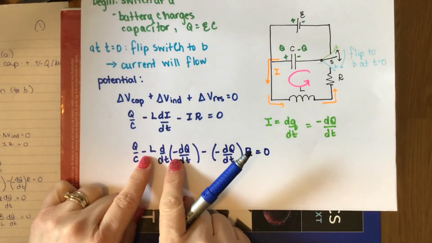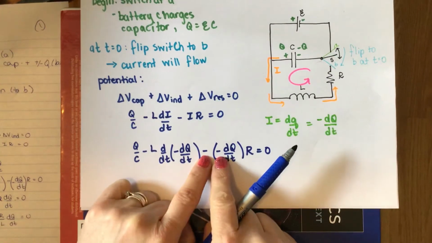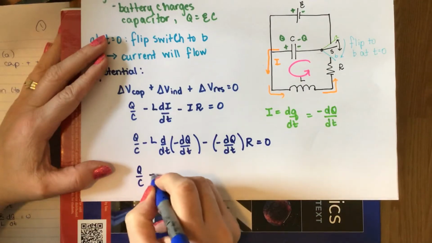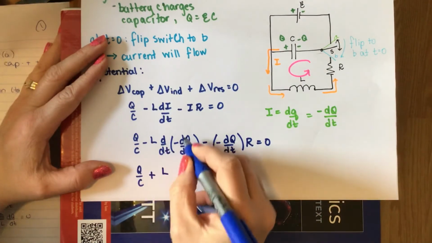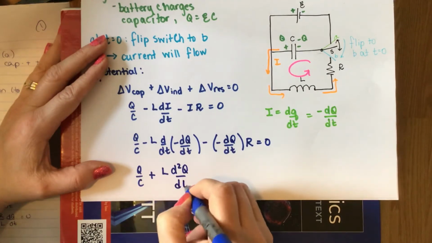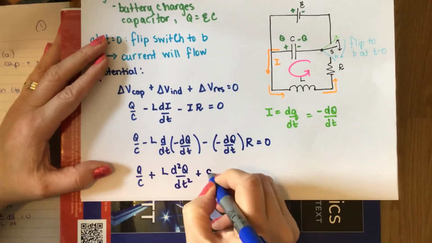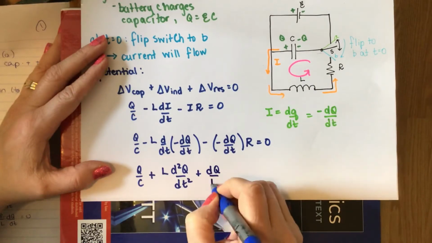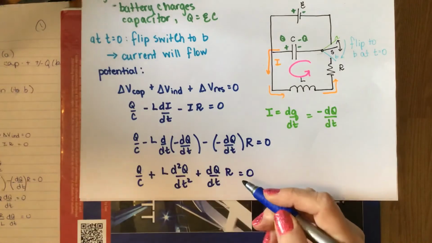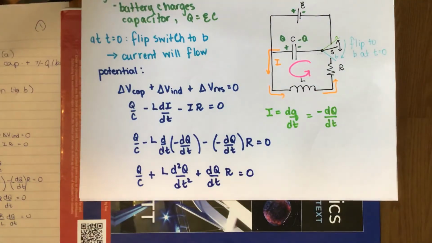Here we've got a minus and a minus for a plus, minus and a minus for a plus. Let's write that down next. d by dt times d by dt is the second derivative of charge with respect to time. So this is a second order differential equation.